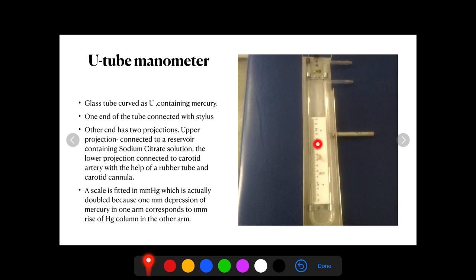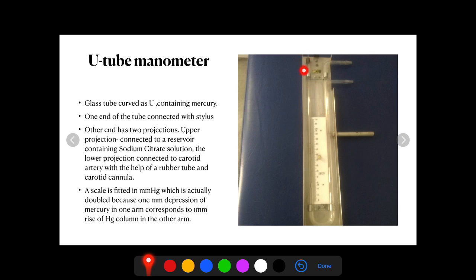Now, this is U-tube manometer. This is the most important part of the whole instrument. Now, this is a curved glass tube containing mercury. It's filled with mercury. And there are two ends.